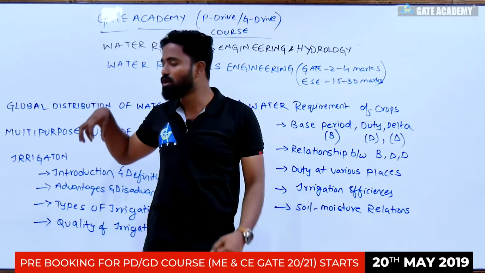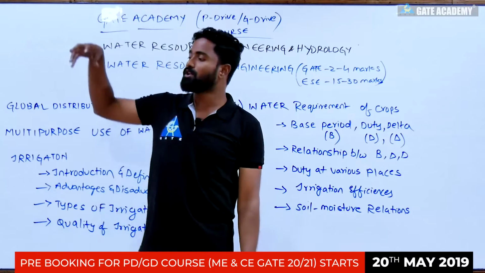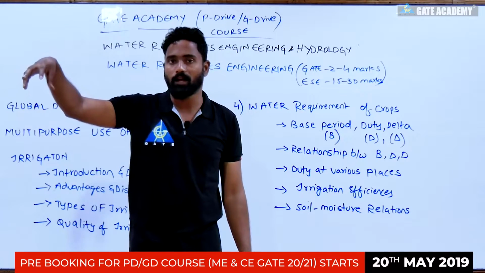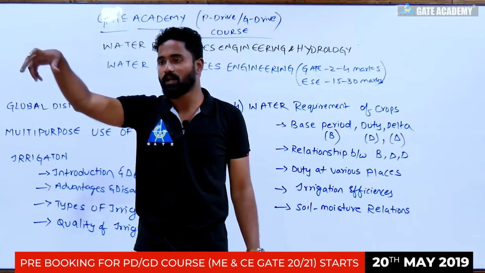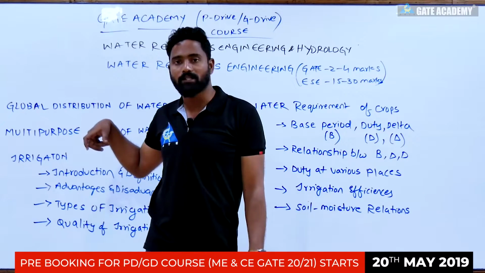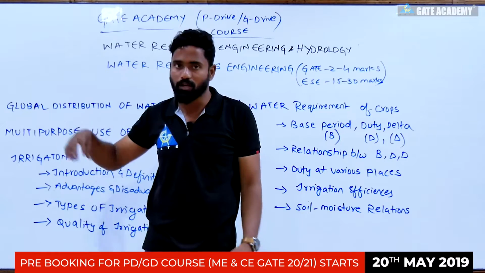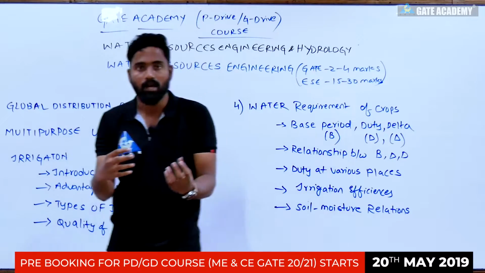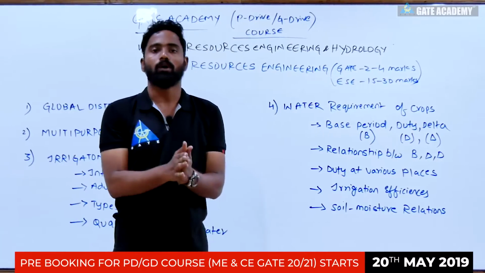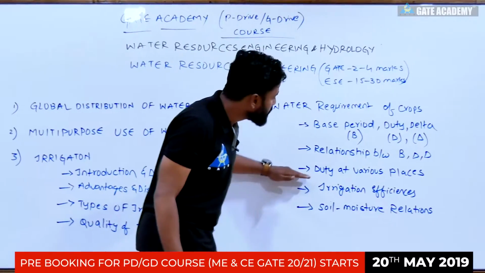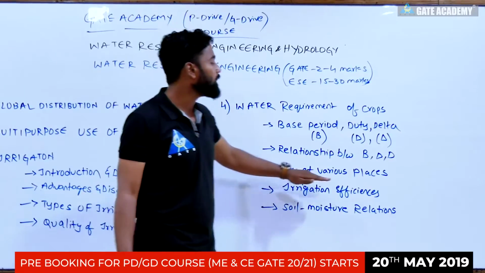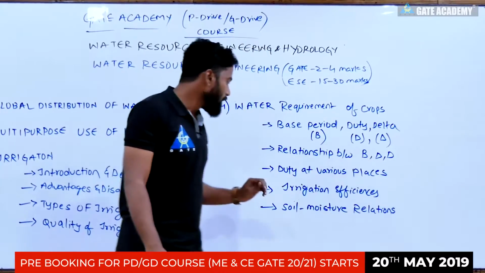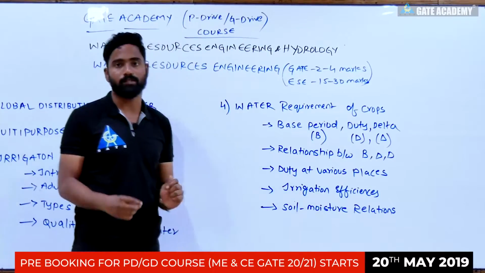So what is the duty of water at the field, what is the duty of water in the canal, at the entrance of the canal, at the exit of the canal, at the exit of the branch canal, at the exit of the distributary? There are different canals. At each and every point, what is the duty of the water will be discussed in this topic, duty at various places. And then irrigation efficiencies.